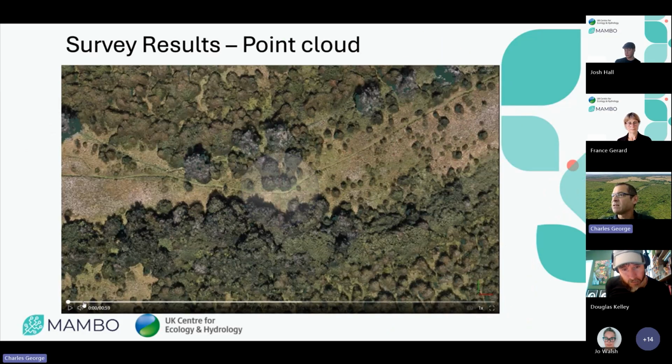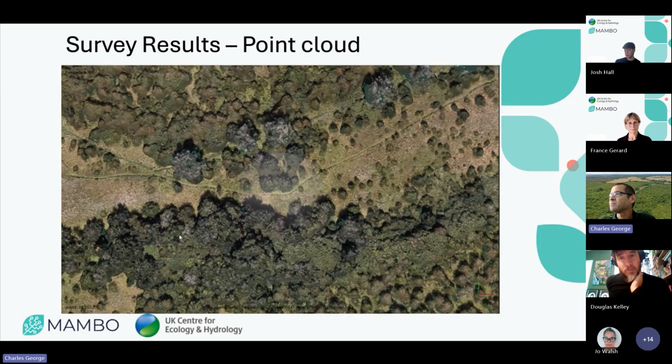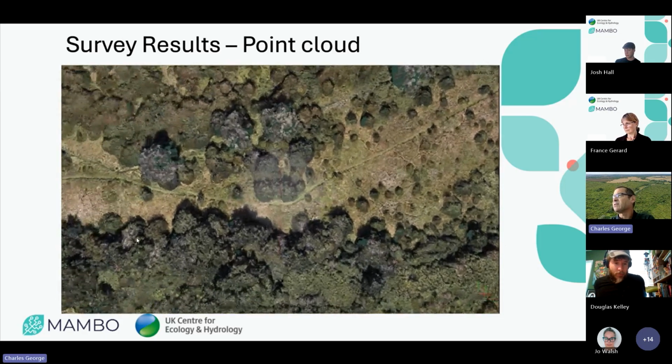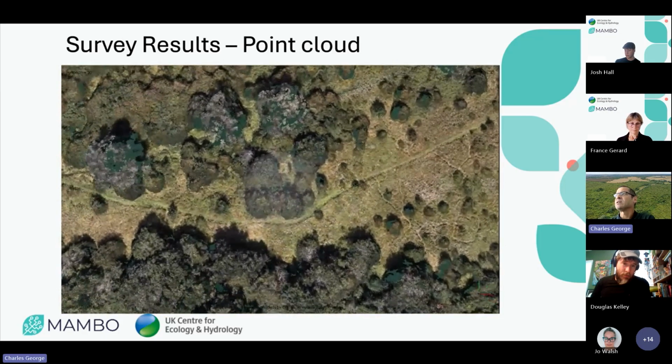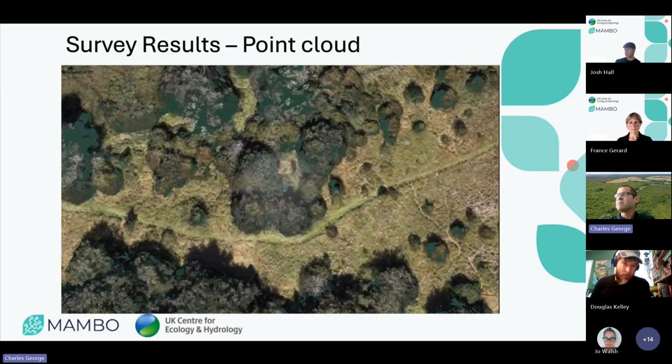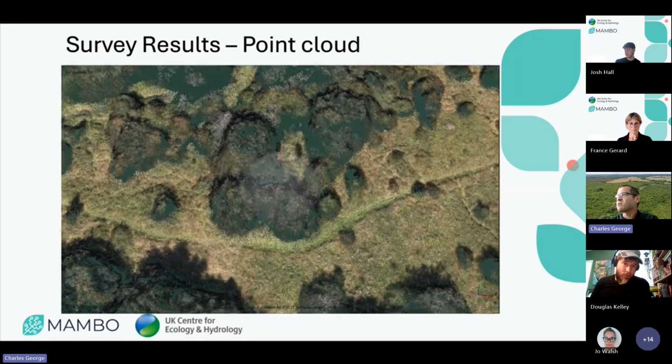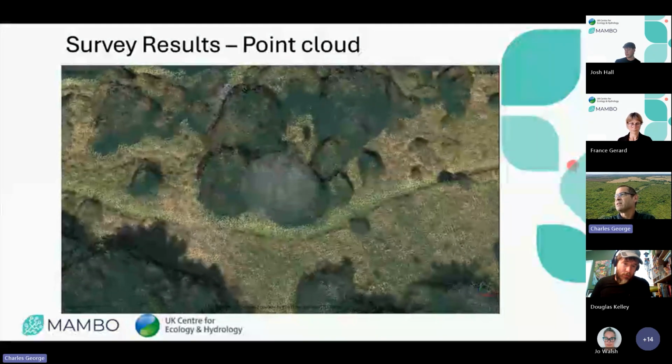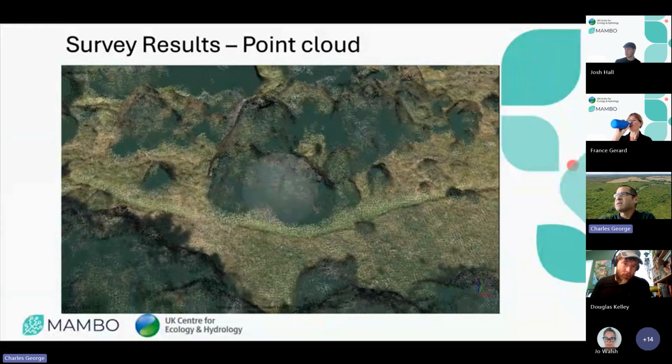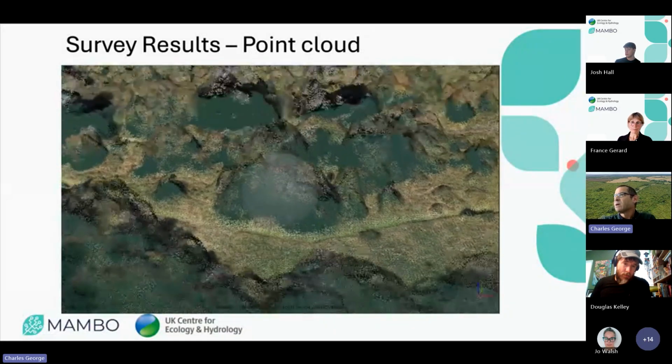This is another of the products, a point cloud. And from here you can see the 3D structure of the survey area in much more detail. You can even see the trails where people have walked through the grass. Obviously trees are picked out very well.